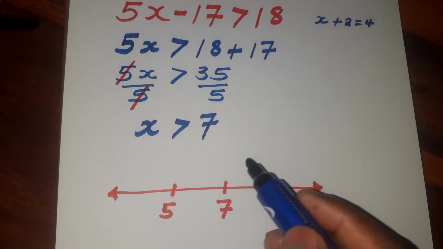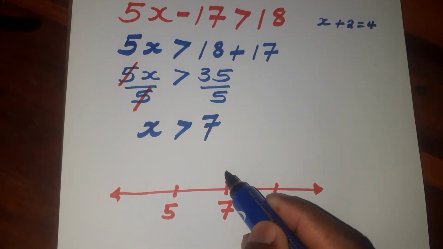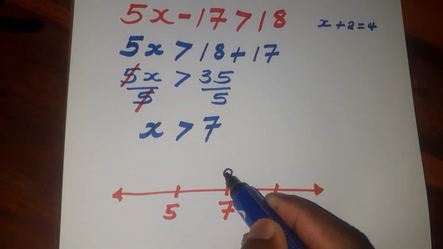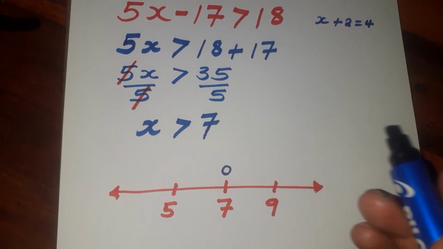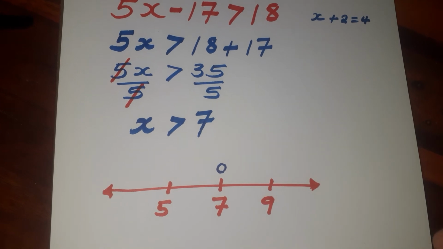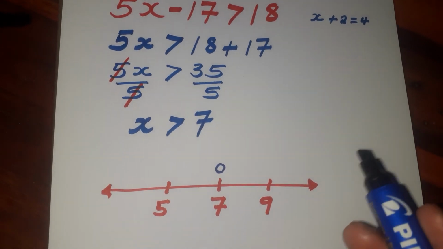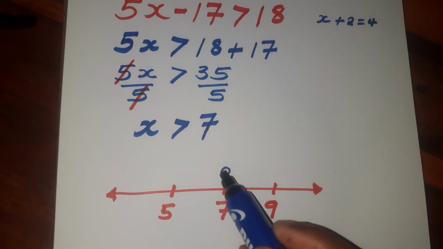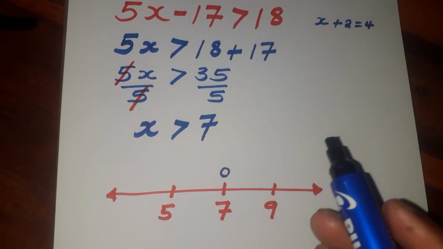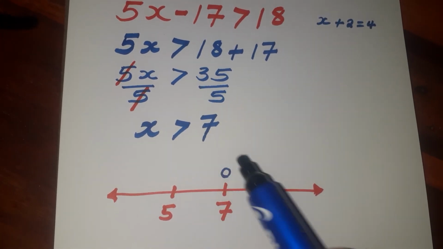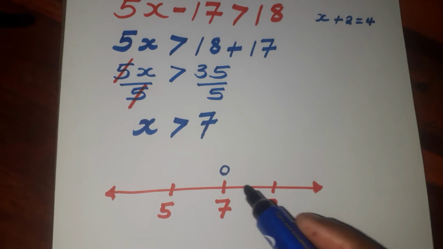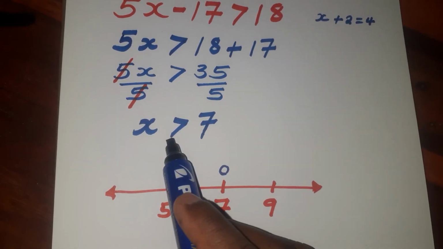Therefore, where we have 7, we put a small circle like that. I don't know if you can call it a circle or a zero. We put that circle because 7 is not included in the solution.